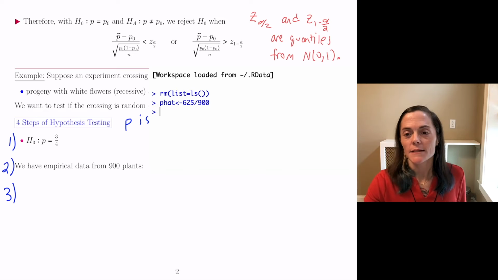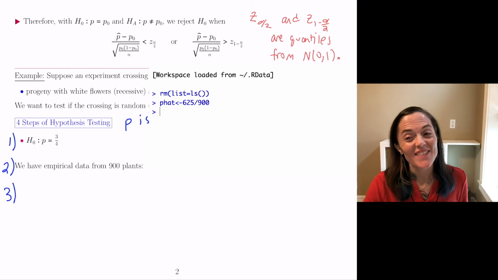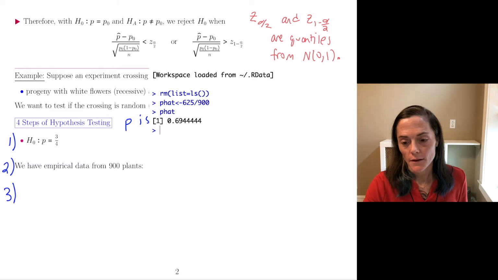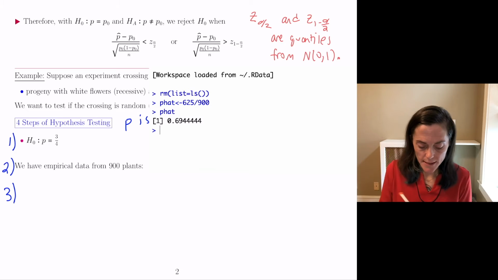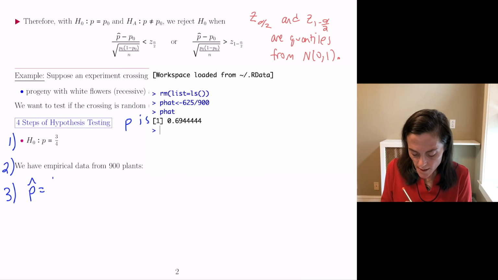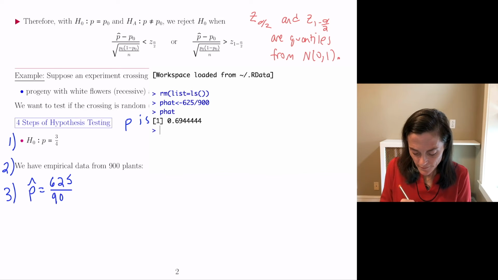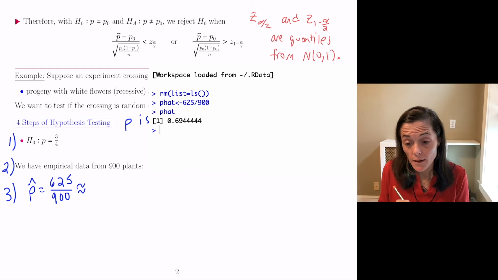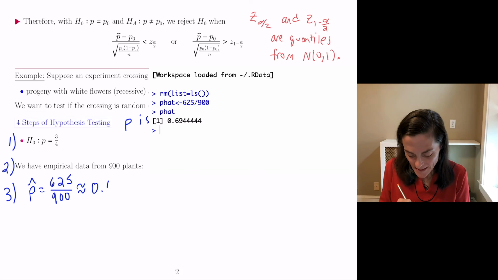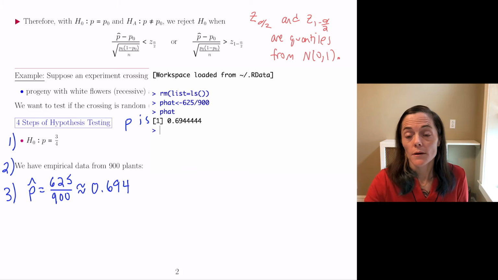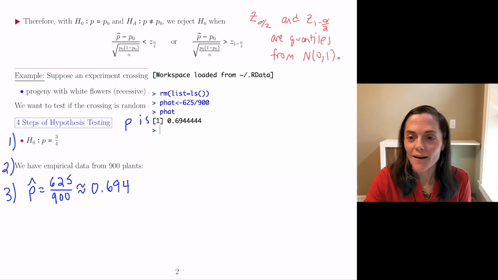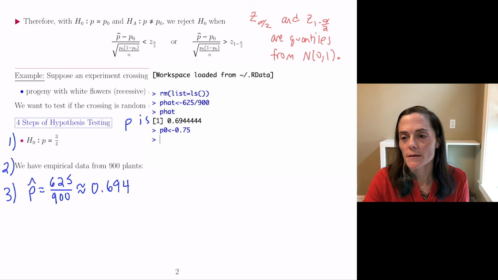My p-hat is 625 over 900, and we can see that p-hat, which was 625 over 900, is approximately 0.694.